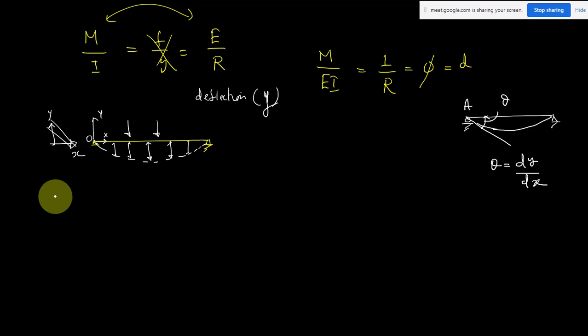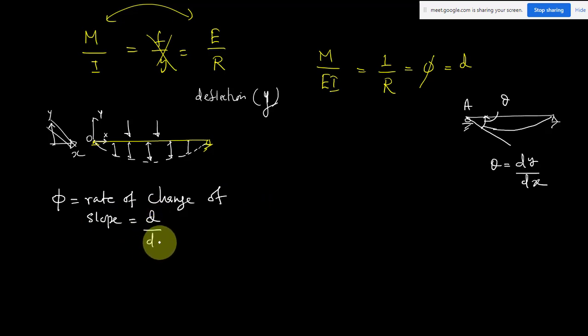Now the curvature we have defined as rate of change of slope. The change is along the x direction, along the length of the beam. The curvature is the rate of change of slope, that is equal to d by dx with respect to x, because we are varying the section along the length of the beam.